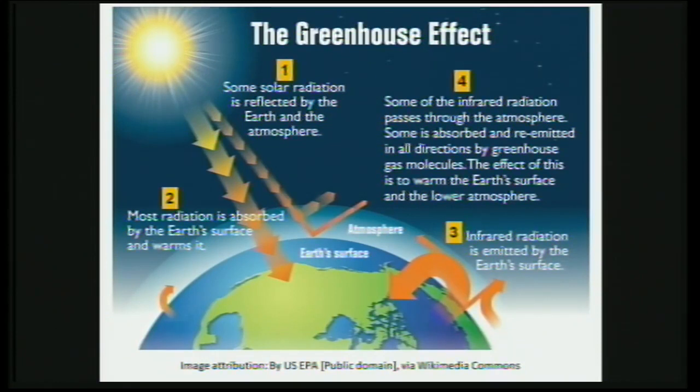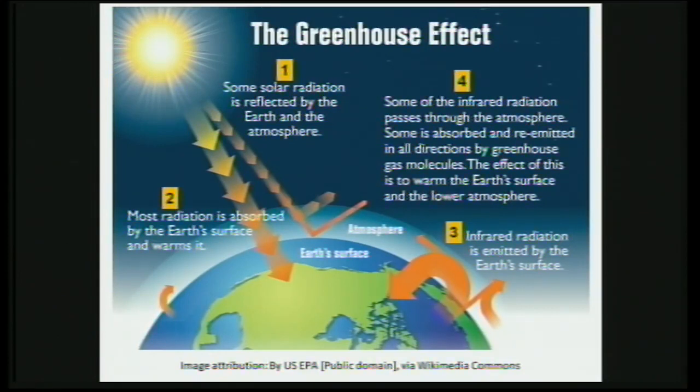Point number two, most radiation is absorbed by the earth's surface and warms it. So whatever was absorbed now warms the earth, because solar radiation, as we said, some of it is absorbed, some of it is reflected back. Third point, on the right hand side, right bottom, infrared radiation is emitted by the earth's surface.